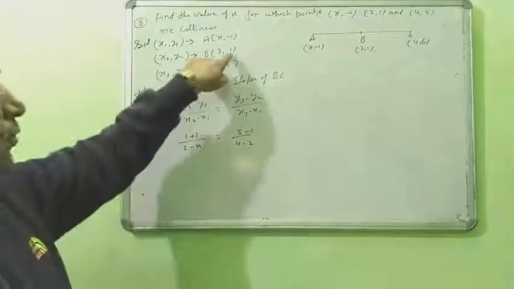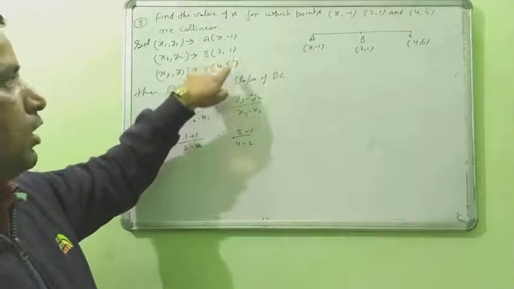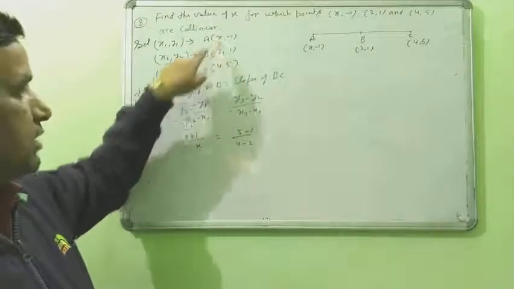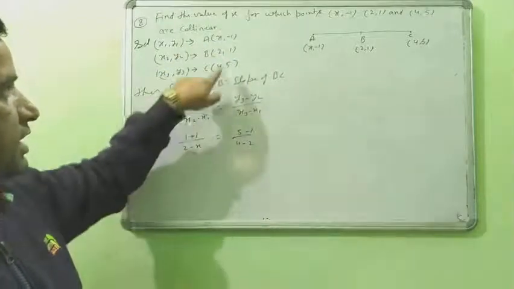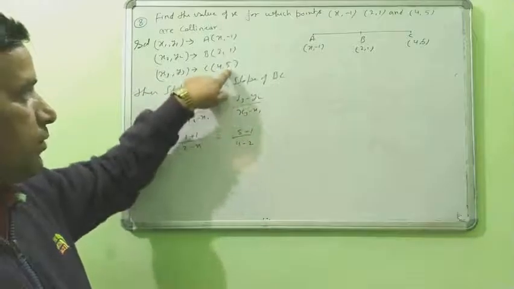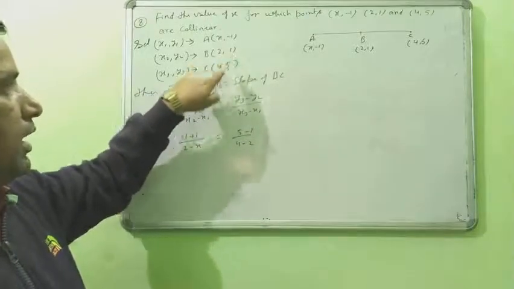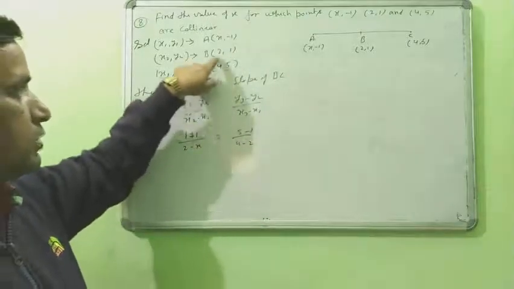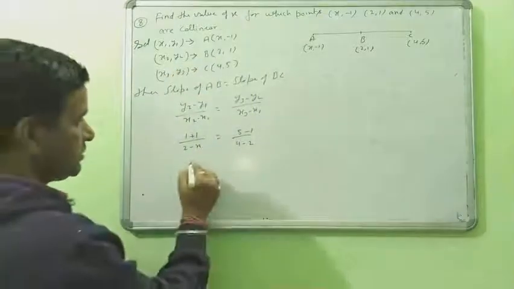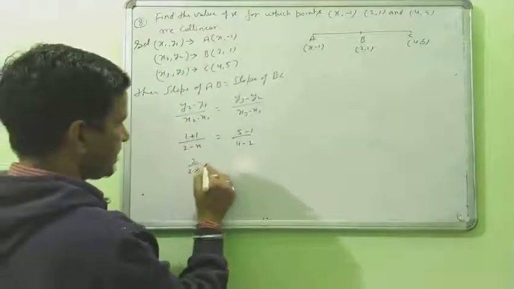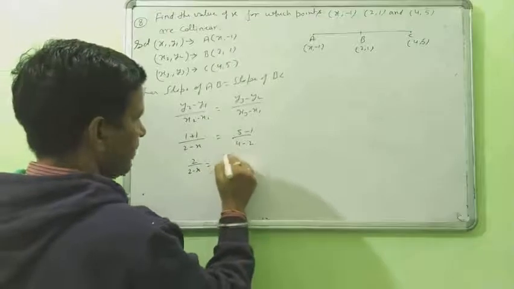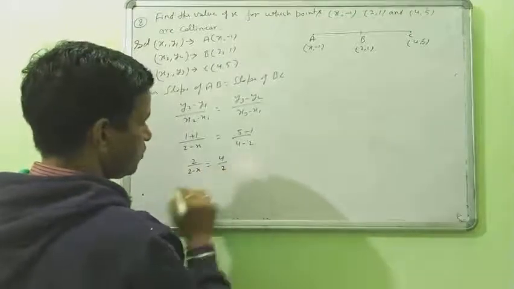On the left side we have y2 minus y1 over x2 minus x1. On the right side, y3 minus y2 is the numerator and 4 minus 2 is the denominator. Solving this, 2 upon 2 minus x equals 5 minus 1, which is 4, upon 4 minus 2, which is 2.